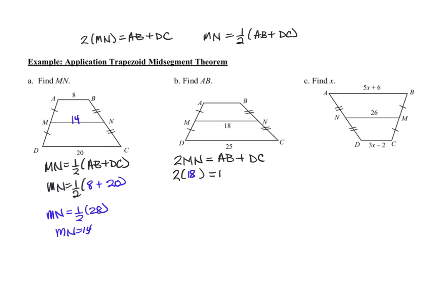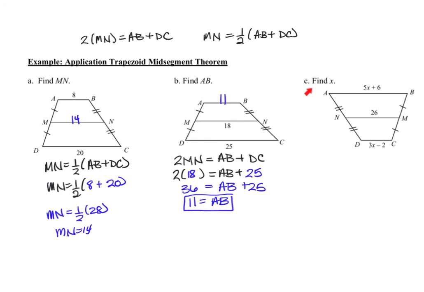And I don't know AB, but I do know that DC is 25. So now I can do 2 times 18, which is 36, is equal to AB plus 25. And then I can subtract 25 from each side and get 11 is equal to AB. So now I know that AB is 11.